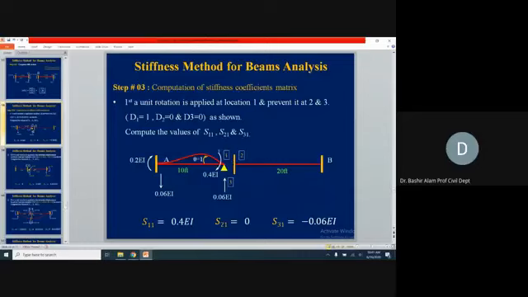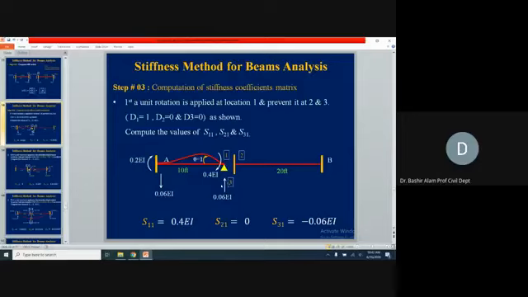Now corresponding to D1, we have this 0.4 EI. So this will become your S11, S1 due to 1. So 0.4 EI, and here you see the value 2,1, which is the action here, which is 0. So S2 due to 1 is equal to 0. So we have written this value equal to 0.